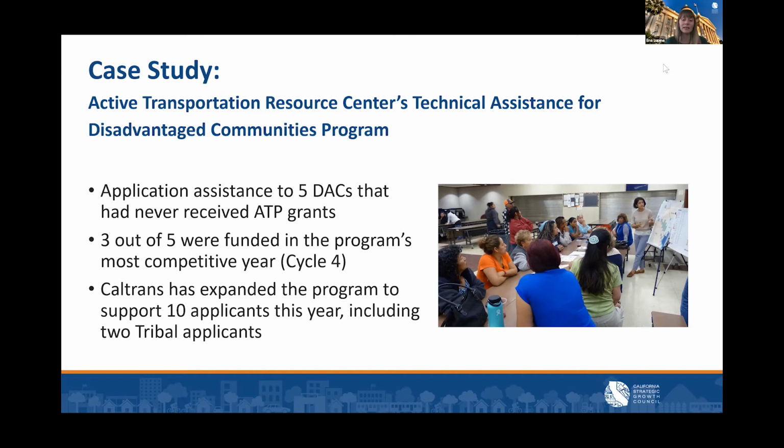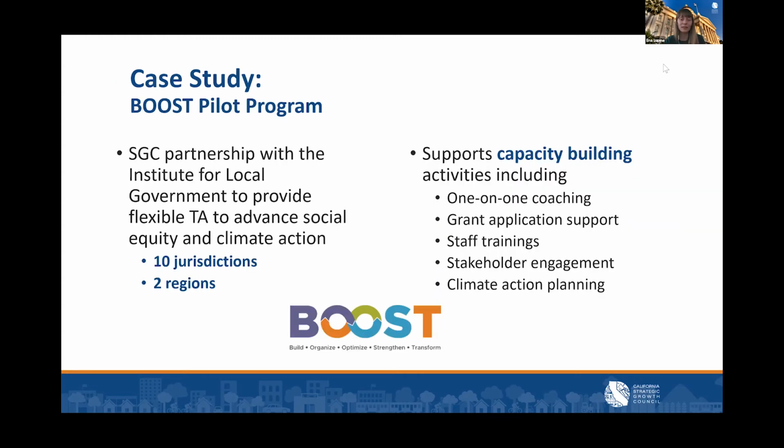And we had a pretty robust group of technical assistance providers, including some nonprofits and folks that were able to support them in developing their applications. Caltrans has continued this program and has expanded it to be able to support 10 applicants this year, including 2 tribal applicants. And I believe they're planning on continuing to move forward that program in the future.